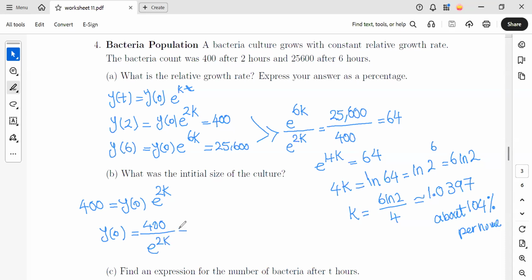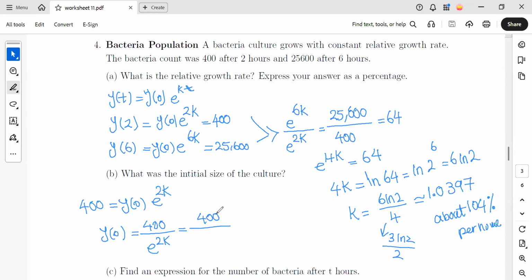And from the previous part, we found k is 1.0397, but we don't use that because we are not going to round it many times. If you simplify this, you would get 3 ln of 2 over 2. So we can use that here.